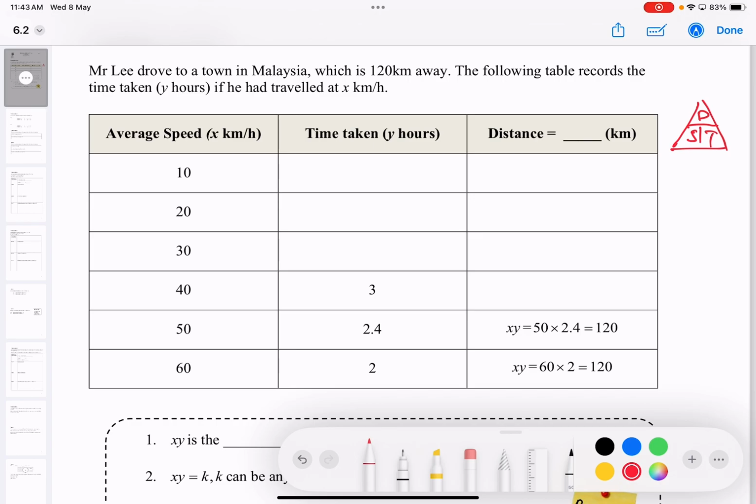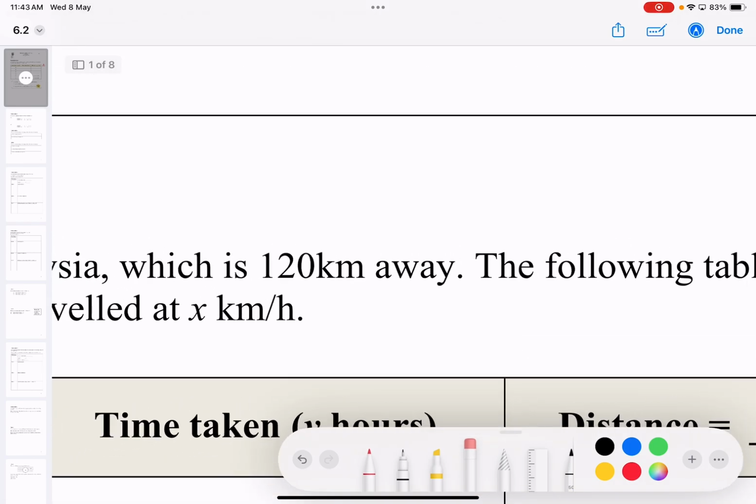Over here, if I want to find the time taken, you realize that there are several blanks. Let's work from the bottom up. This scenario is very simple. Mr. Lee is driving to a town in Malaysia, which is 120 km away. So this 120 km refers to what?